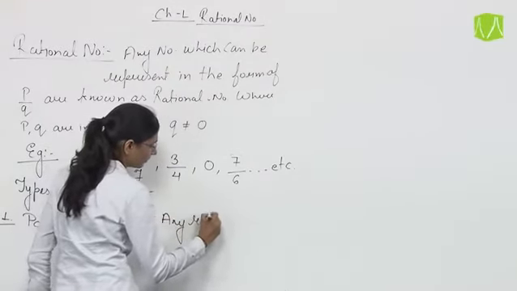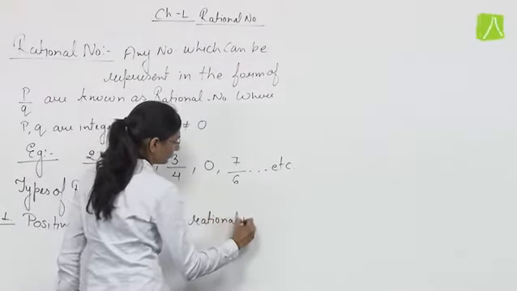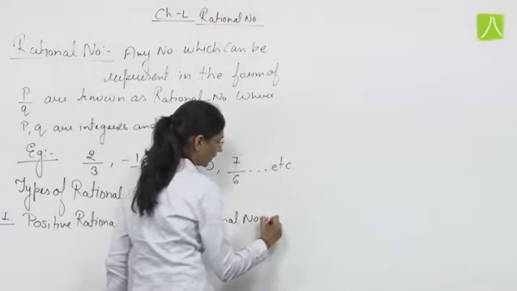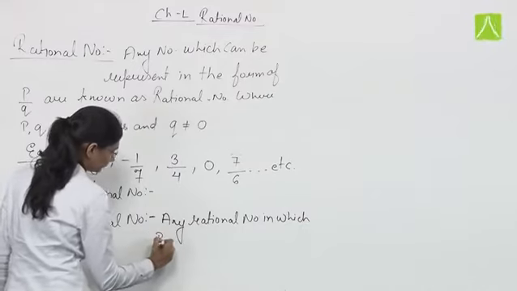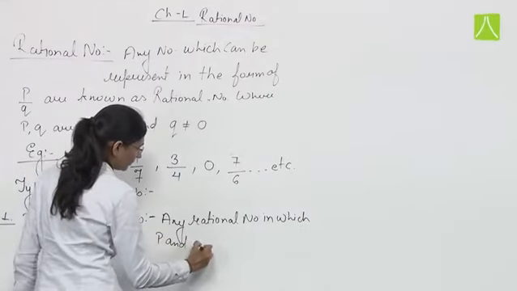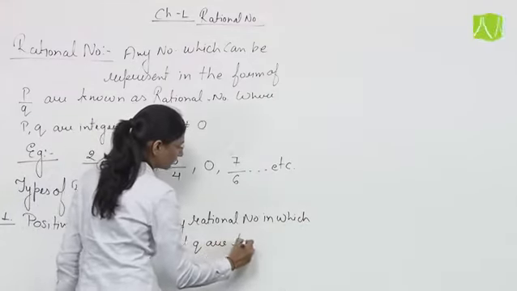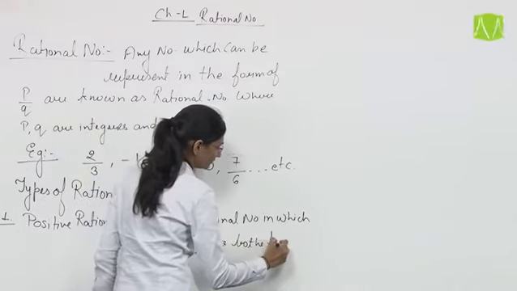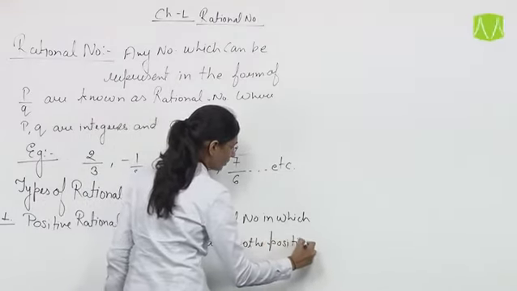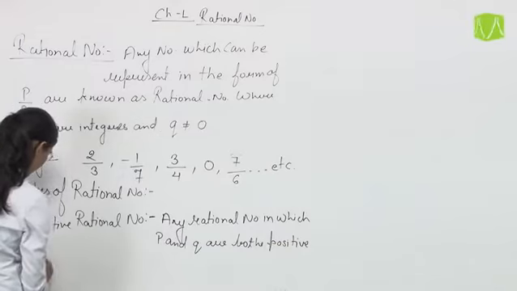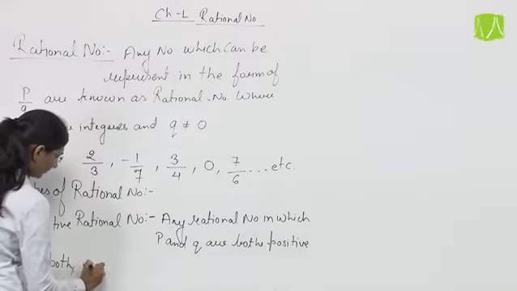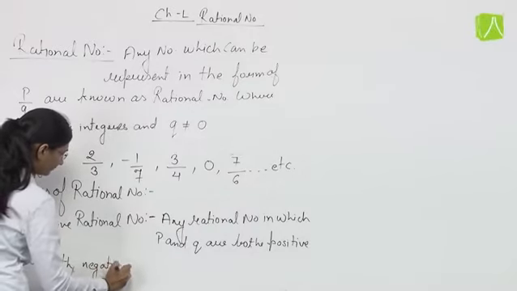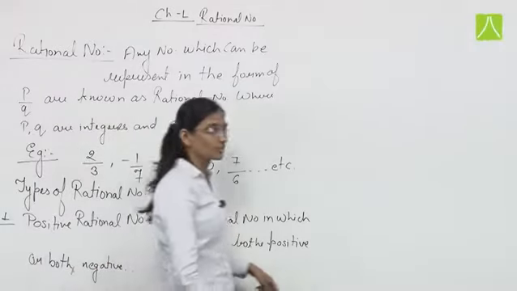Any rational number in which p and q are both positive or both negative is known as a positive rational number.